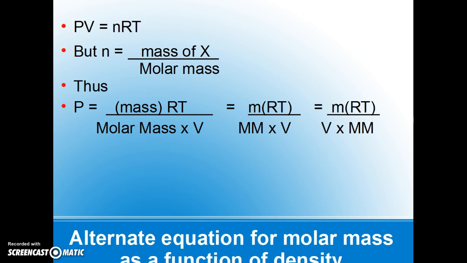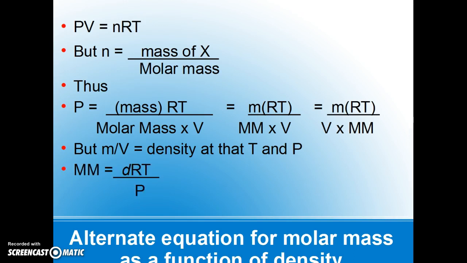We get pressure equal to the mass of the substance times RT divided by the product of molar mass and volume. If we change this into mRT over V times the molar mass, we see that the mass over the volume is the first term, and that's the density at that particular temperature and pressure.